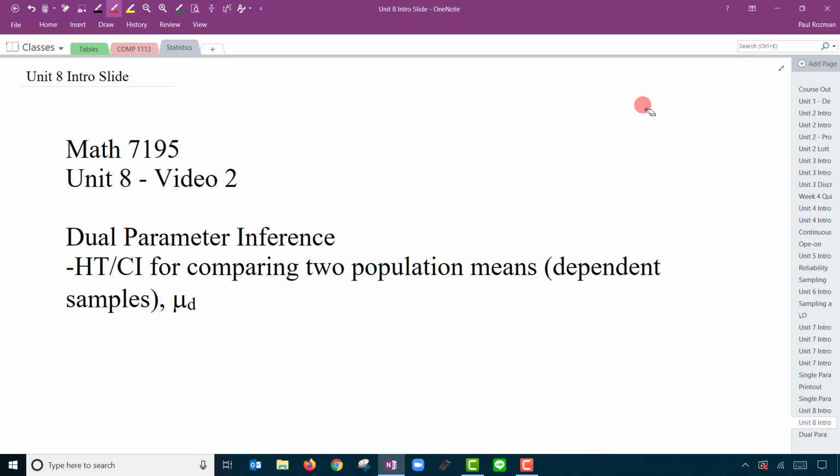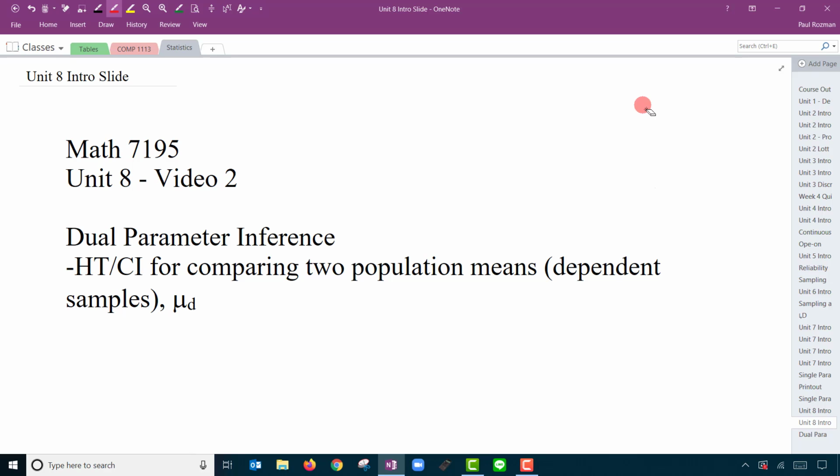We're still doing the comparison of two populations. In today's video, probably a short one, we're comparing two populations where we have dependent samples.